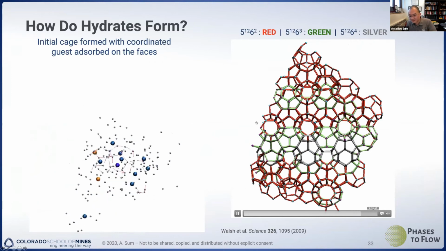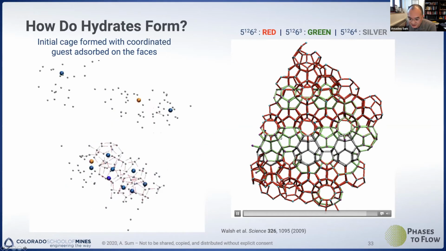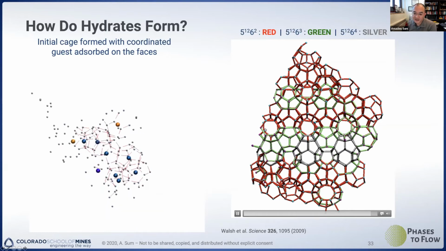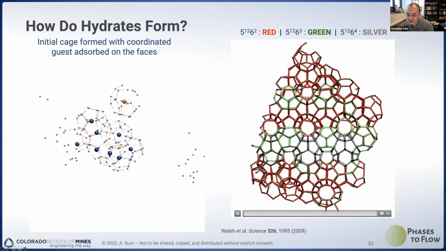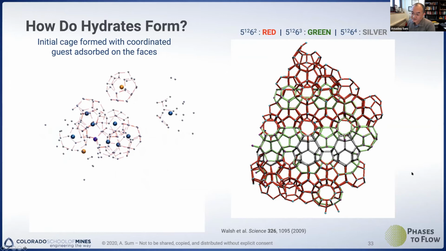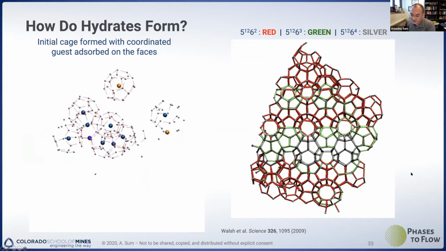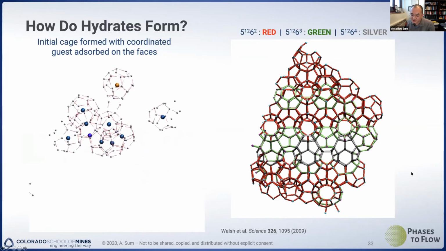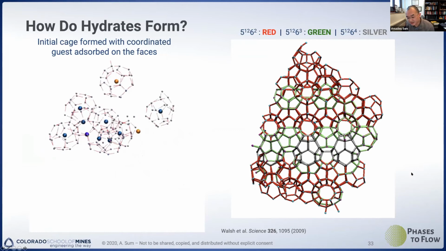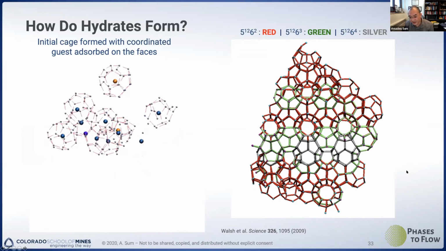Now, when we look at this simulation that we performed in 2009, this TS structure is actually here. It's given by these green cages. And again, back then, we never looked for it, but it was there. And I think this is true for essentially every single simulation study that has been published to date.